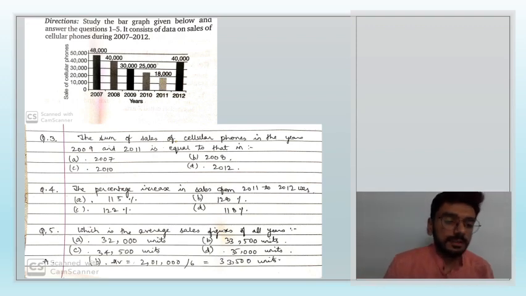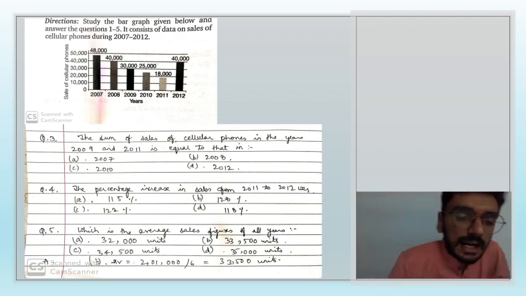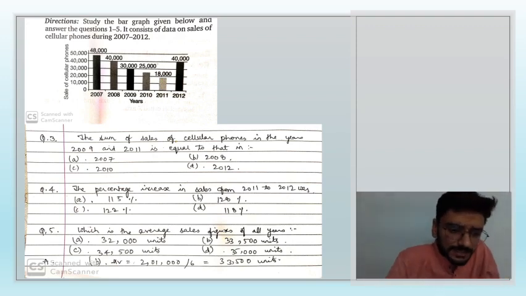The last question with this set of problems asks for the average sales figure of all the years. So what we need to do is the summation of all the bars. Okay, so 48,000 plus 40,000 plus 30,000 plus 25,000 plus 18,000 plus 40,000, and after that you are supposed to divide it by 6. Why 6?